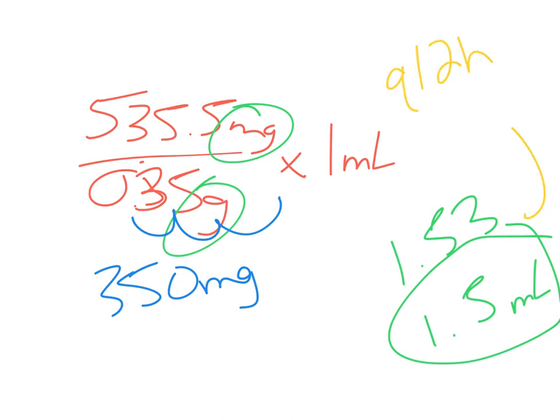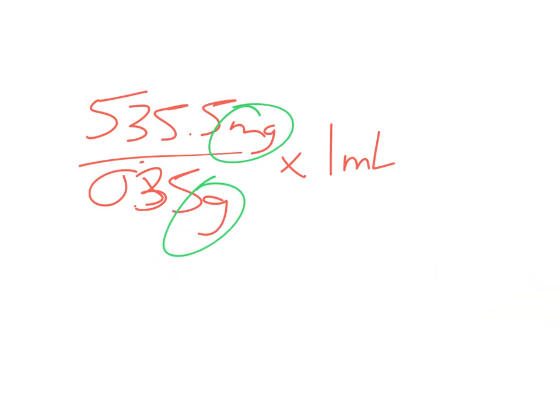So it would double in an entire day. At the end, you can multiply by 2 to figure out, well, if they're getting 1.5 milliliters every 12 hours, then in the second 12 hours of that day, they're going to get another 1.5, so that would be 3 milliliters in an entire day. So sometimes it's just a matter of paying attention to what's being asked.